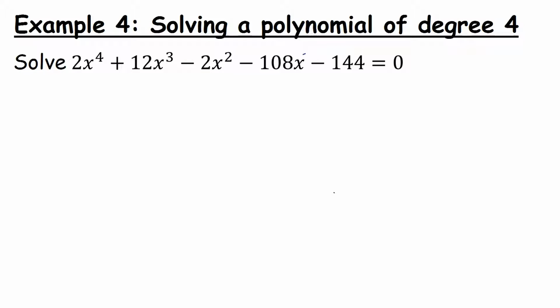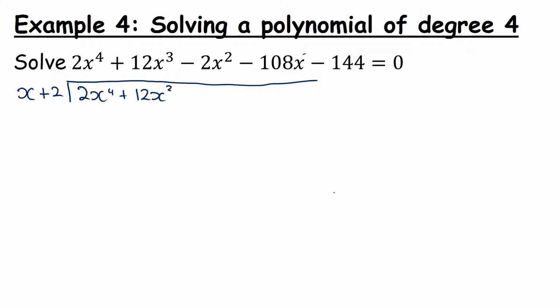So I've just cleared this to give myself some more space. We know that x plus 2 is dividing into 2x to the power of 4 plus 12x cubed minus 2x squared minus 108x minus 144.